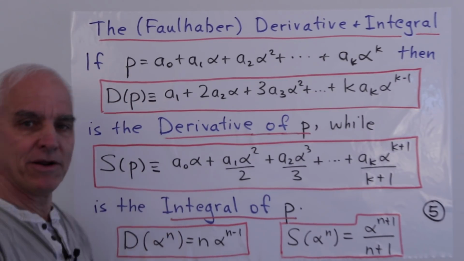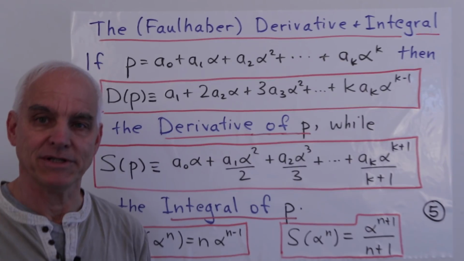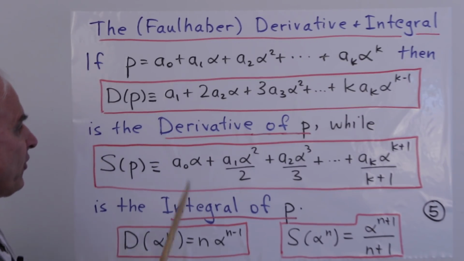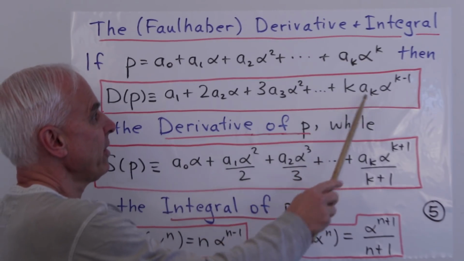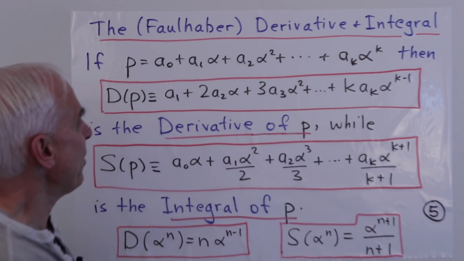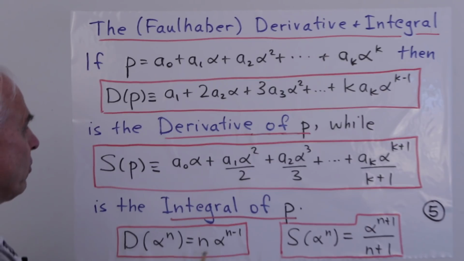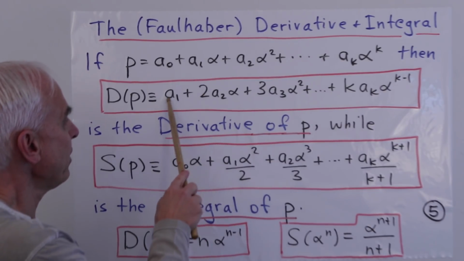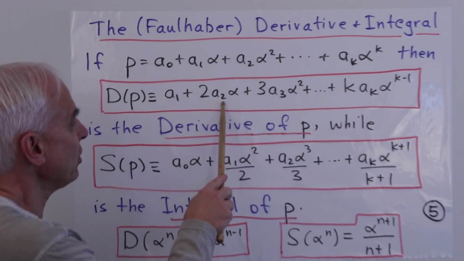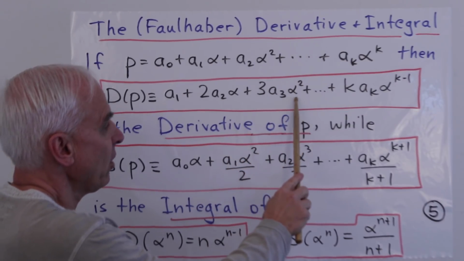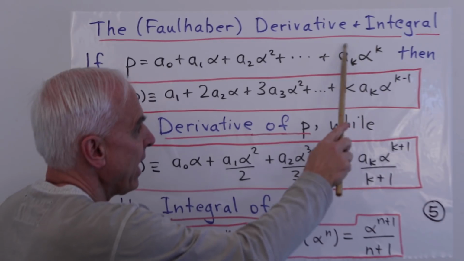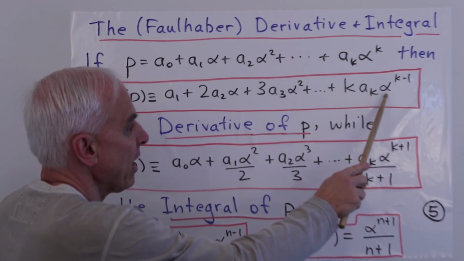So when we talk about it, I'll put a capital D for the derivative. So this is the derivative of p. What is it? It's another polynumber obtained from this one by essentially using this rule. So it's a1 plus 2a2 alpha plus 3a3 alpha squared all the way up to k a sub k alpha to the k minus 1.